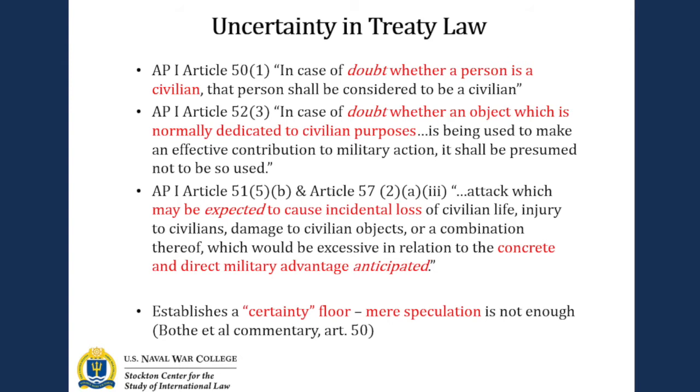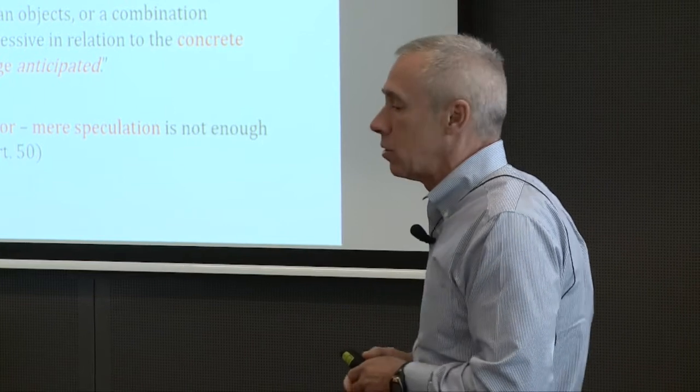In other words, if it's expected to cause collateral damage, then you assess it relative to the anticipated military advantage. As Laurent said, it's not the harm that actually occurs. It's not a post factum analysis. It's what you think the military advantage that your operation is going to yield. So there's an element of uncertainty there.